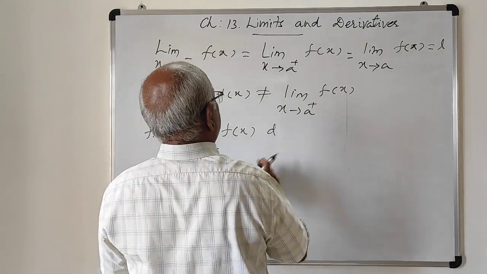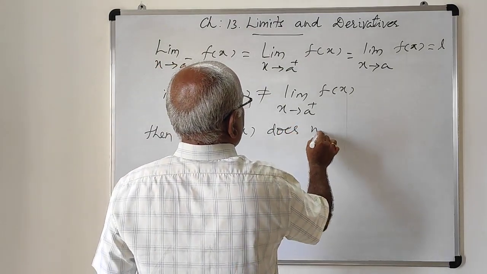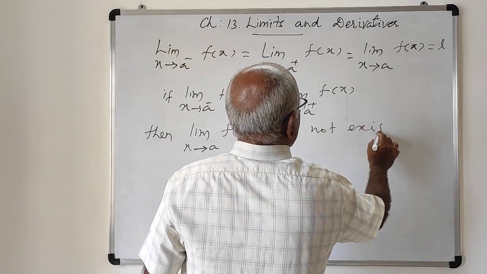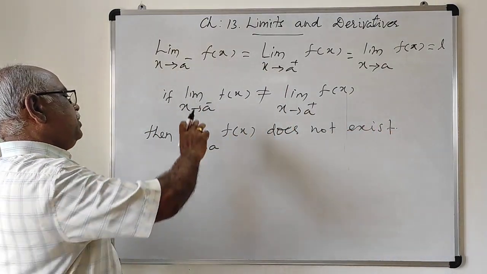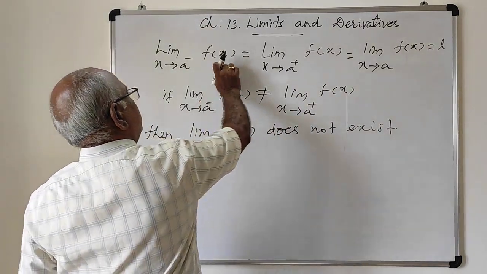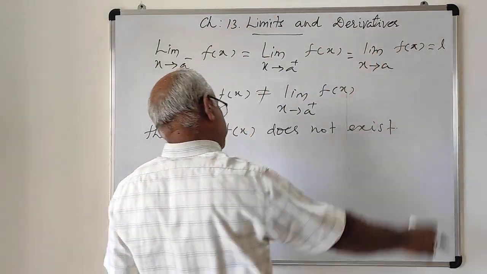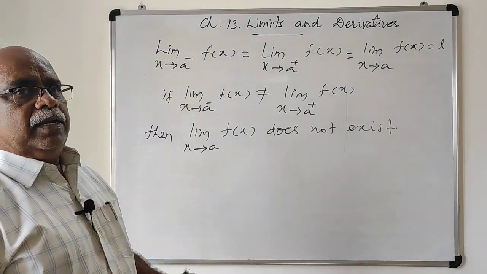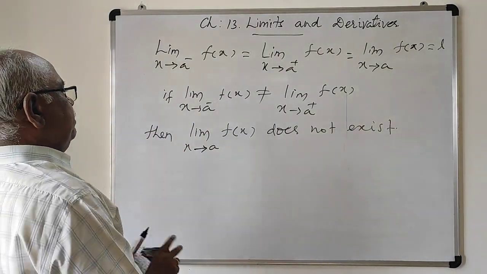If the left limit is not equal to the right limit, then the limit does not exist. If the left limit is equal to the right limit, then only the limit exists. This is the condition. And we will see one example.